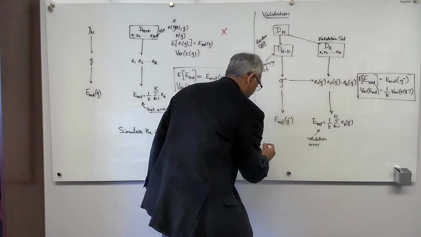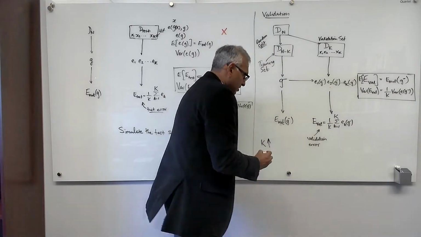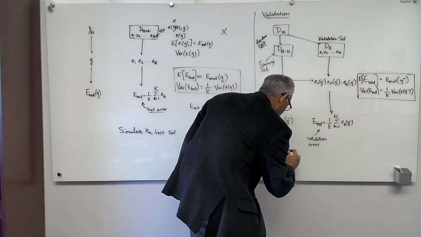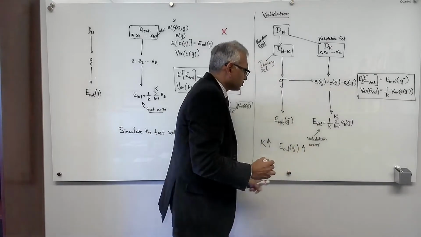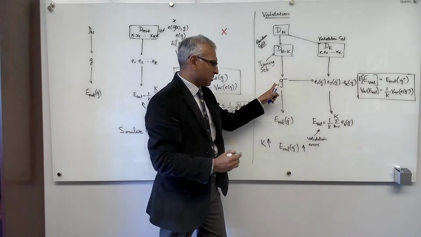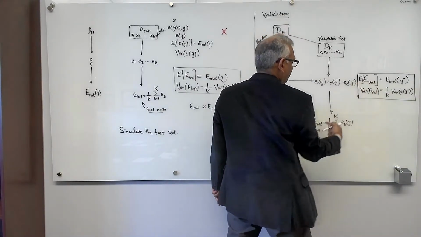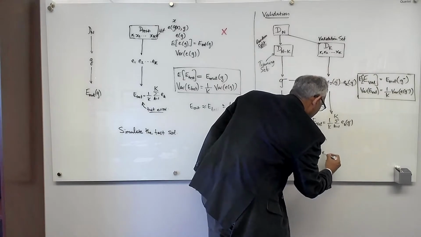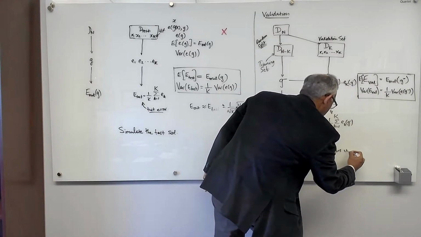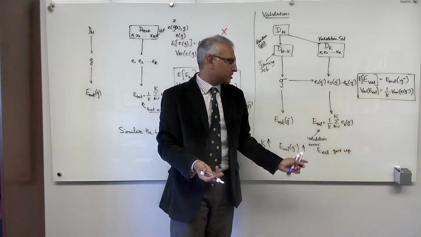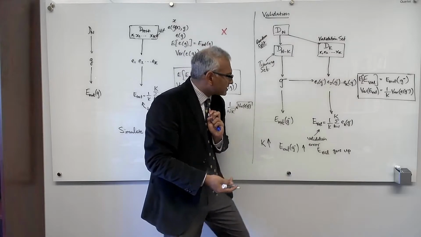So if k goes up, if you put more data into your validation set, E out of G minus will go up. You'll be producing a worse and worse final hypothesis, and this will be indicated by E val going up, because remember, E val is a decent estimate of E out of G minus.